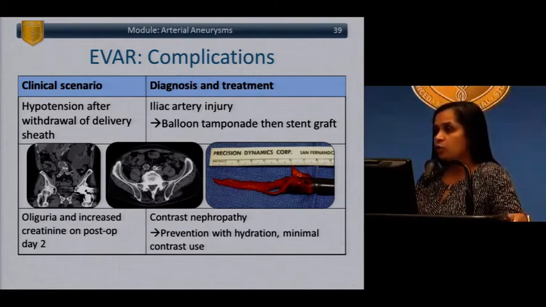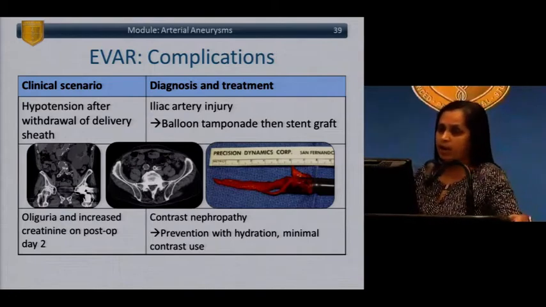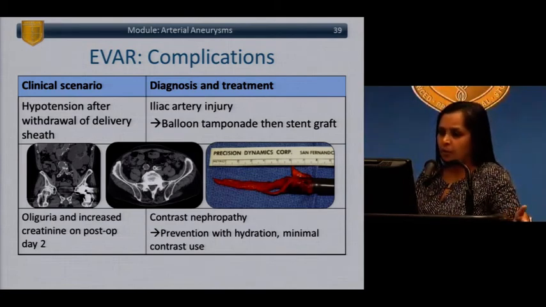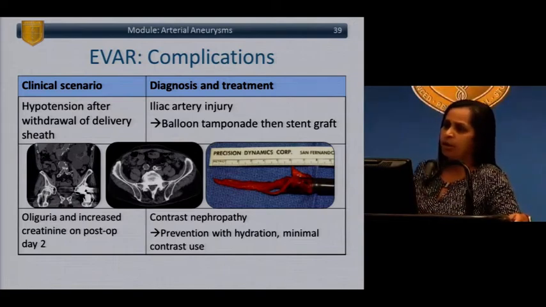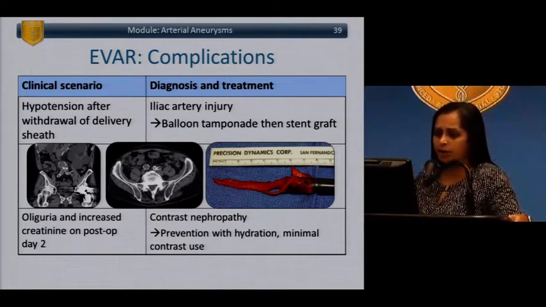Typically, the injury occurs when you're passing your sheath up, but the injury is tamponaded by the device and your sheath. When you remove it, that's when the injury shows up. The treatment of this, since presumably you still have wire access across this area, is to blow up a balloon to tamponade it temporarily, and then to put a stent graft across the area of injury.